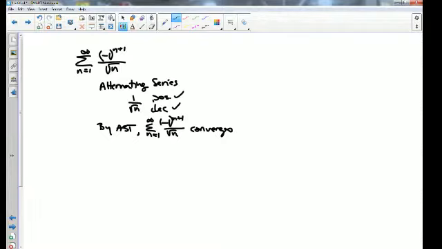All you have to look at is even or odd, and that determines sign. Okay, so the alternating series converges, right? But let's determine absolute convergence here.